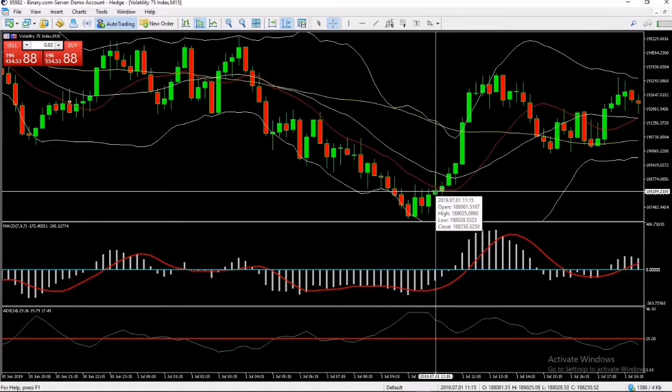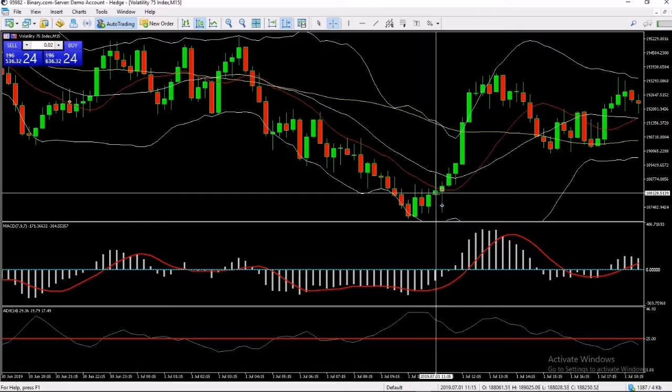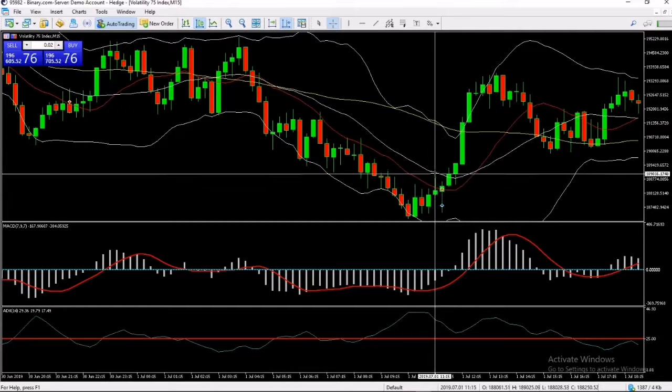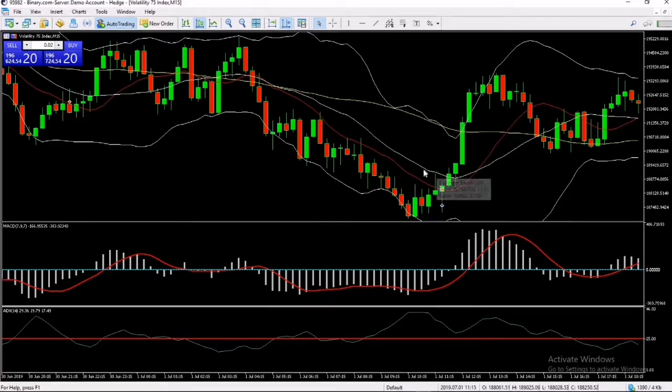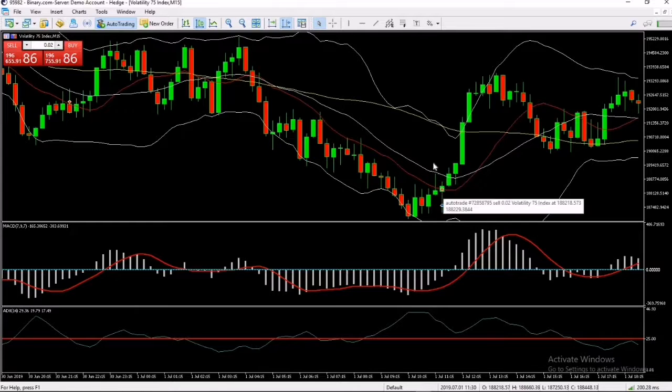So this green candle opened at this point and went up to this particular point here. It had crossed this red line and we thought it was going to cross the middle Bollinger Band, but it couldn't, meaning that this trend wasn't ready to change yet. But still, it closed in a green.